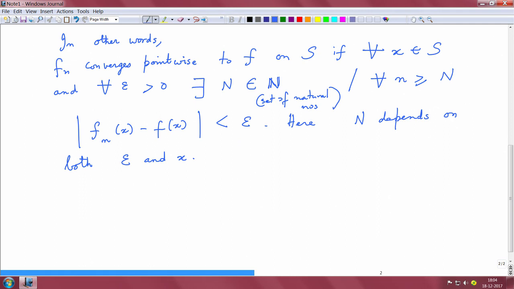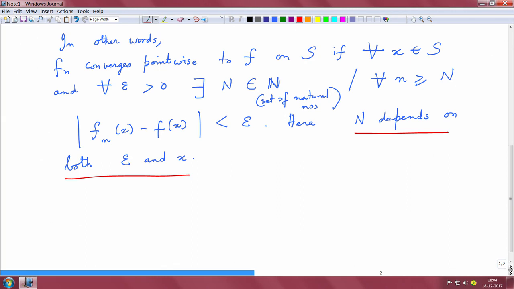The absolute value of f_n of x minus f of x is less than epsilon. So, N here depends upon both epsilon and x. Pick the initial point x, pick epsilon, the capital N depends upon both epsilon and x.